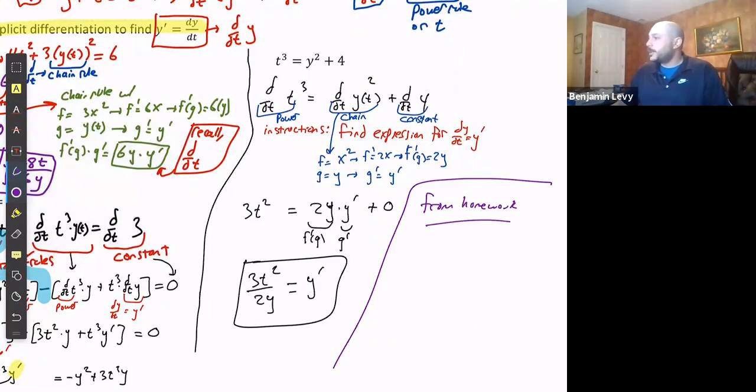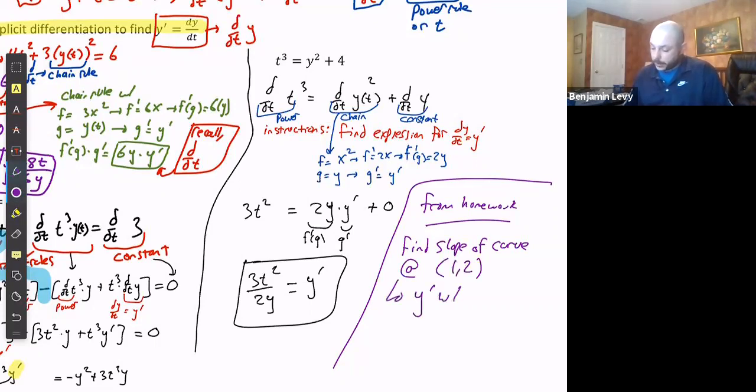It specifically says, find the slope of the curve at some point, at the point, say, 1, 2. And so what this is telling you to do is find y prime with the point 1, 2 plugged in.